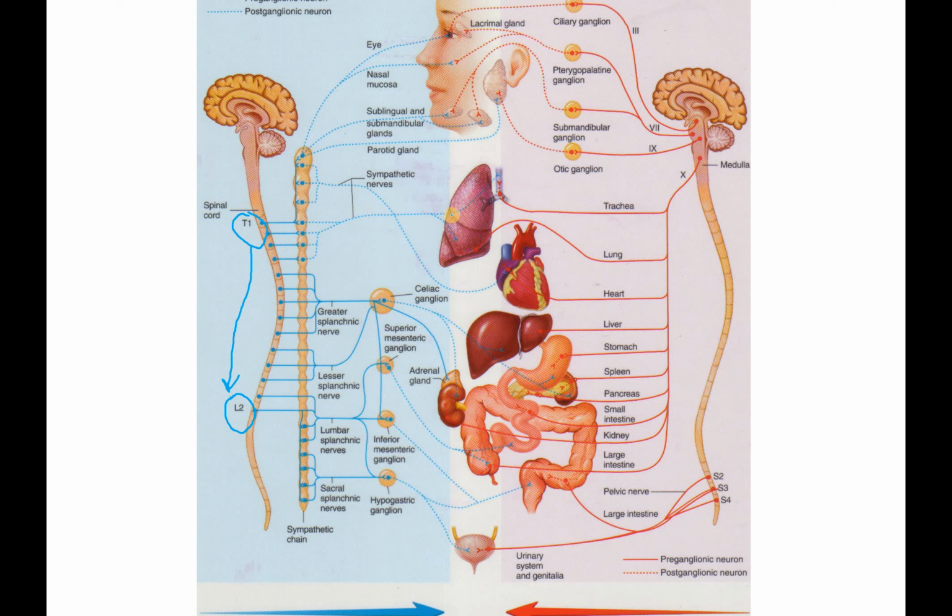So think about this. If you are in stress mode, fight or flight, sympathetics. Here's a question. What part of your body is not in sympathetics? If you're stressed, if it's fight or flight time, what part of your body is not in sympathetics? Well, the answer is everything's in sympathetics.